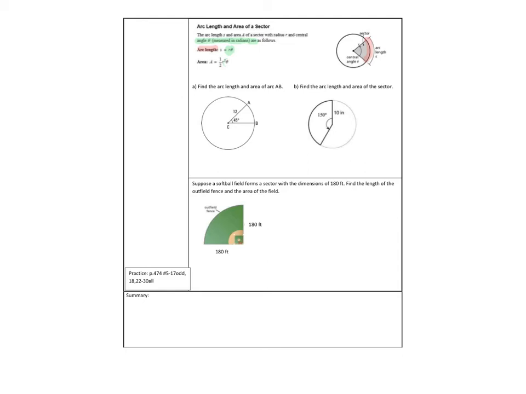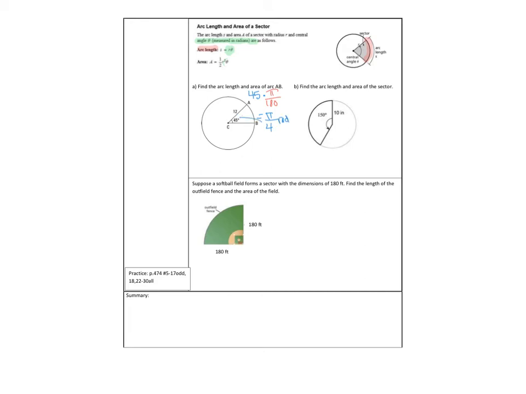So I'm going to start with my 45 degrees. I want to multiply by pi because I want radians, and I'm going to divide out the degrees, which is 180. And we're going to simplify that. So multiply 45 times pi divided by 180, do your simplifying, and we're going to end with pi over 4 radians.